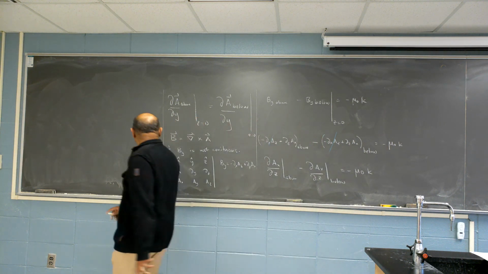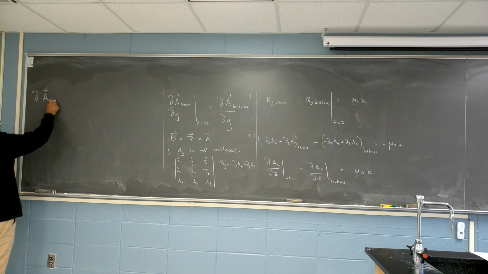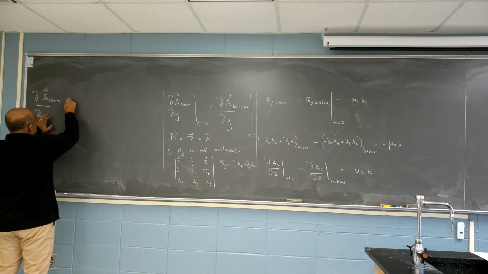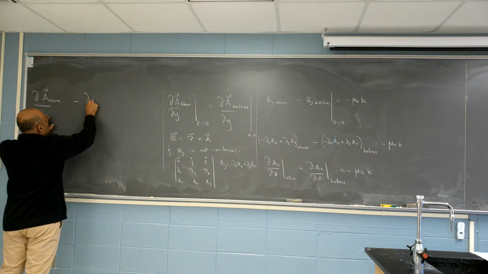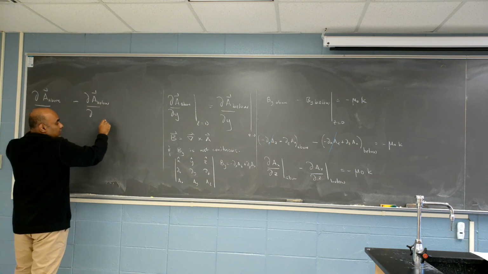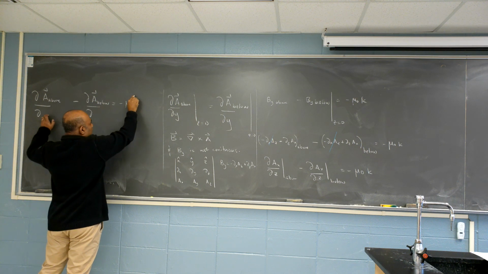So then I can do the derivative of A above, minus the derivative of A below, is equal to minus mu 0 k.